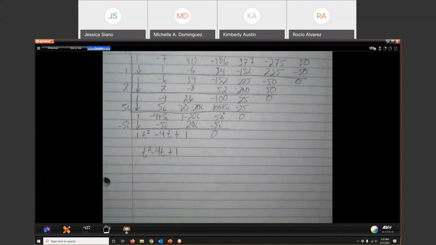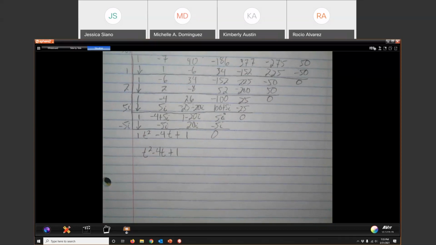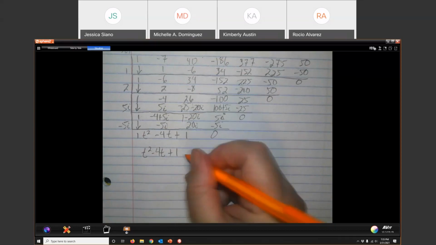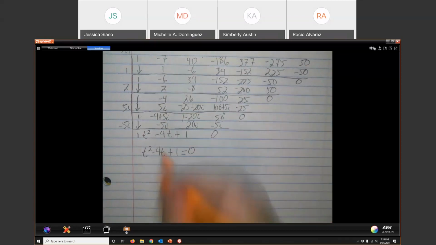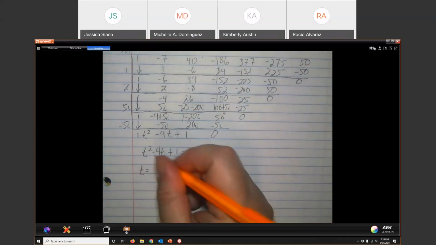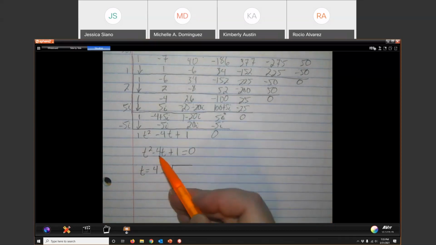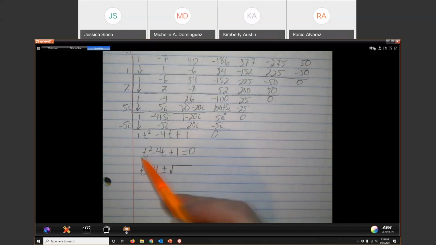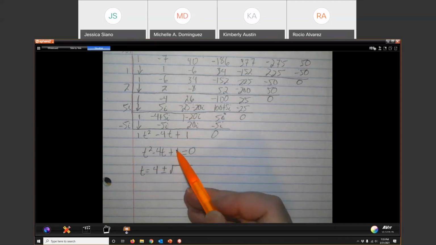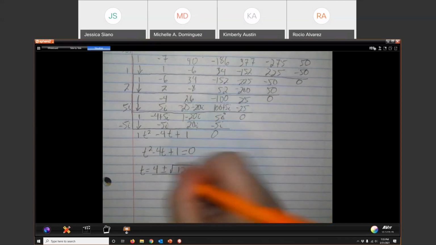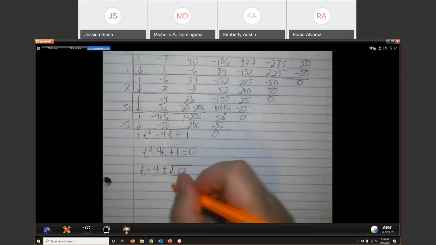So in order to figure out what the associated linear factors would be, I have to solve this using the quadratic formula. So t equals negative negative 4, which would be plus 4, plus or minus the square root of 4 squared, which is 16, minus 4 times 1 times 1, which is 4. So 16 minus 4 is 12, over 2 times 1, which is 2.